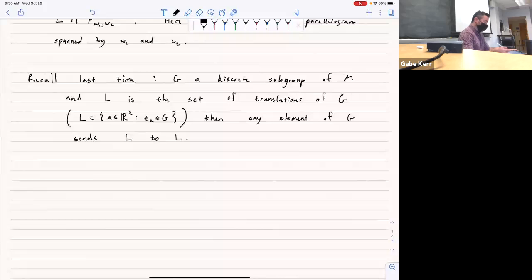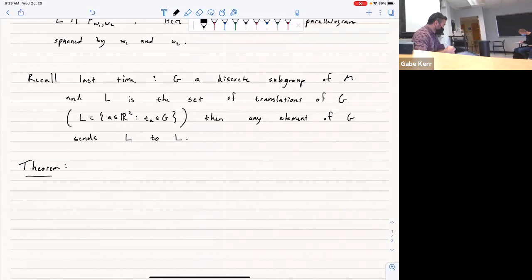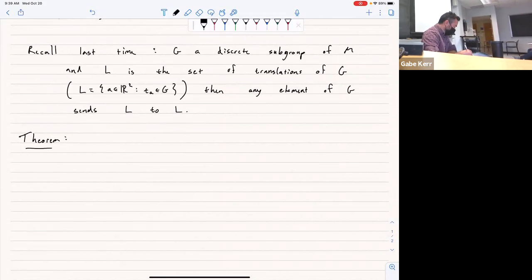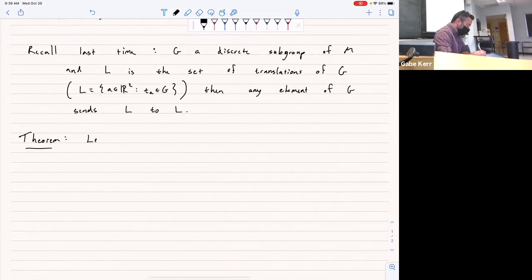Now we want to write down a theorem that really restricts the possible subgroups that are crystallographic groups of R2. It's called the crystallographic restriction. Okay. Theorem 6.5.12.